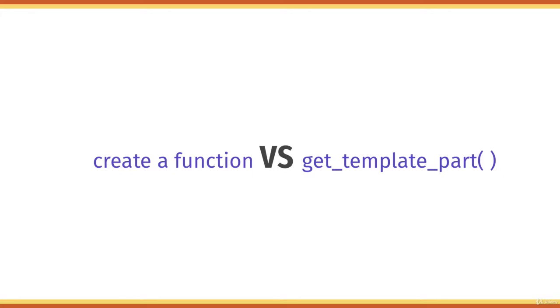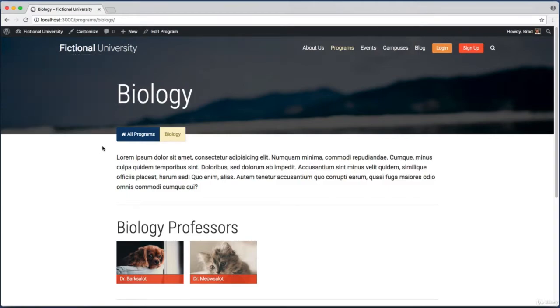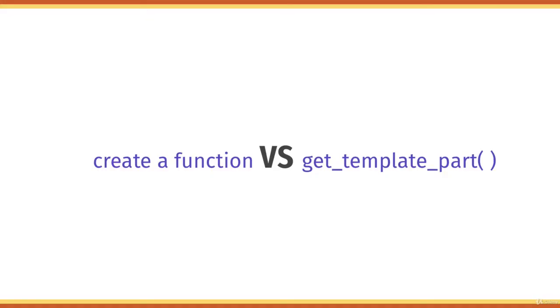Well, there's not necessarily a right or wrong answer to that question, but I can tell you how I make my choices. If I want the duplicate code in question to be flexible, if I want to be able to pass it arguments to make it do different things, like we did for our page banner, then that's when I create a recyclable function that lives in functions.php.